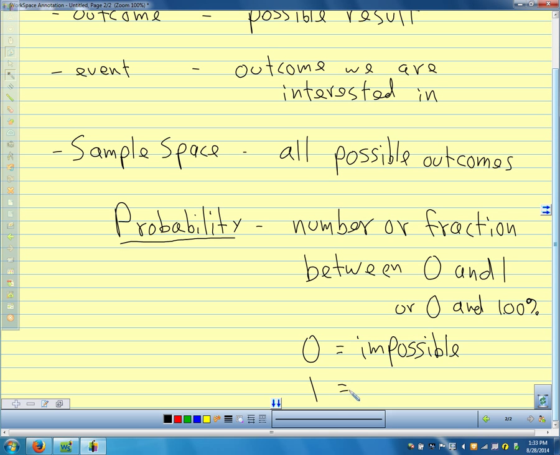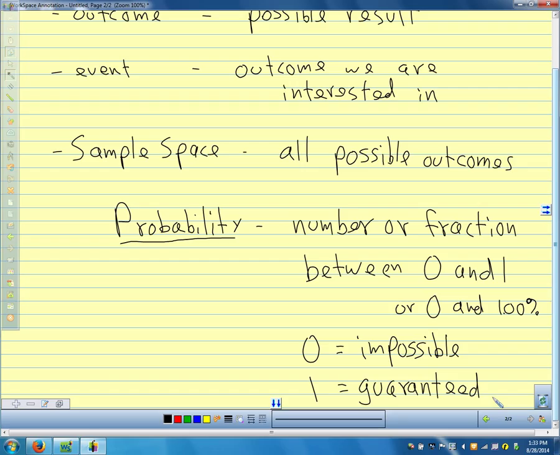What does a probability of 1 mean? 100%. So what does that mean? Guaranteed. It has to happen.